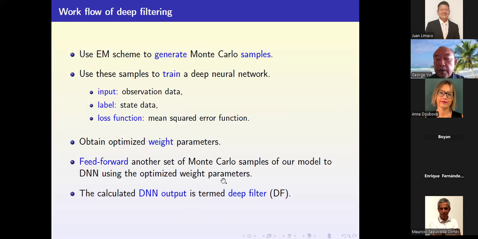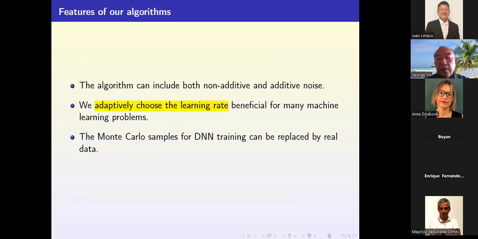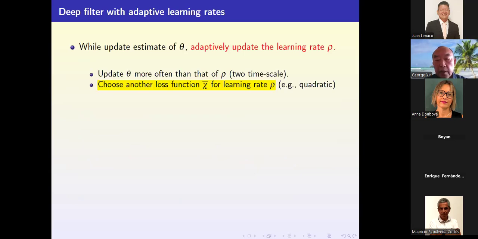Finally, the calculated output, the deep neural network output, is what we call the deep filter. Well, this is the technical part. Because I don't do the proof here, I think I can skip that part.